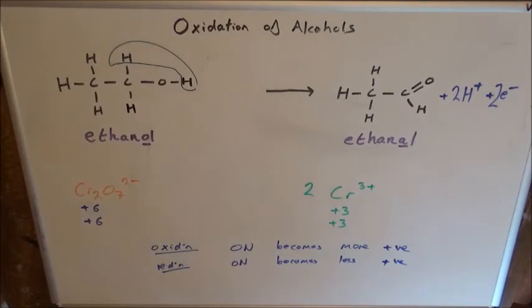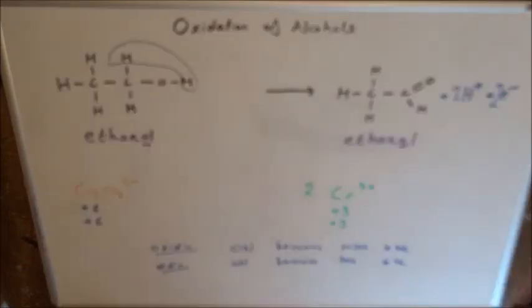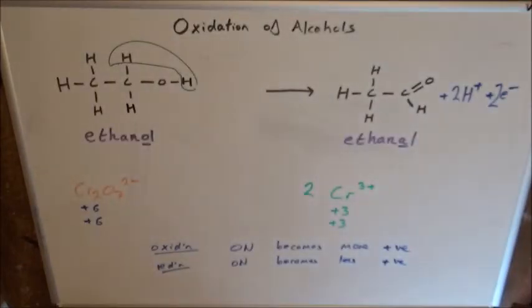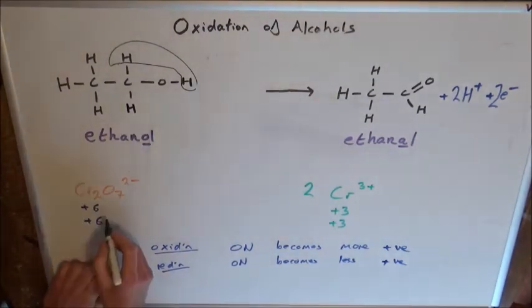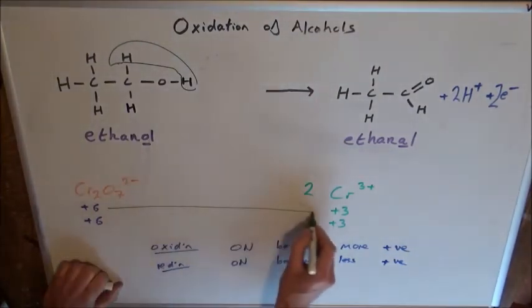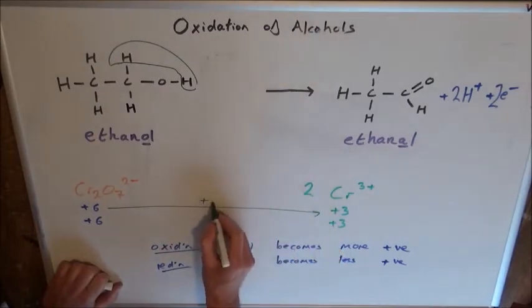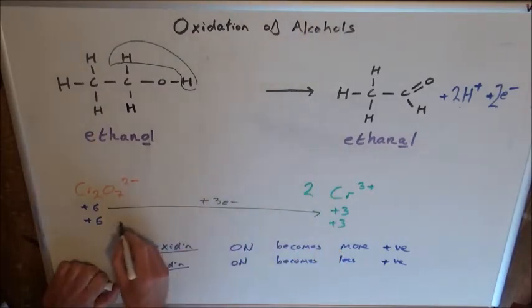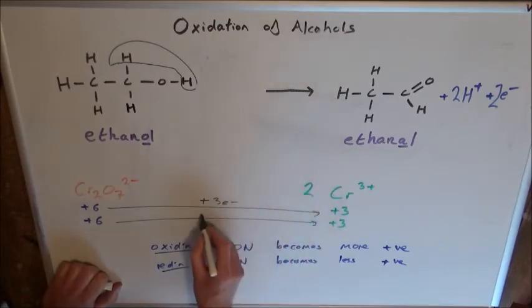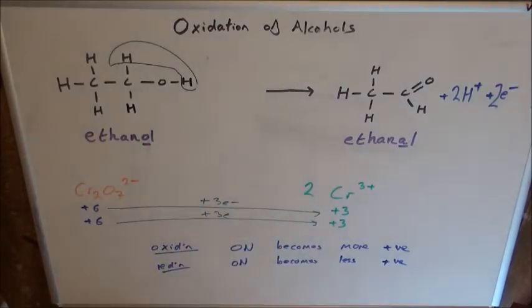And changes in oxidation number correspond exactly to numbers of electrons. So to go from plus 6 to plus 3, we have to add 3 electrons. But we've got 2 chromiums doing this, so altogether we've got to add 6 electrons.